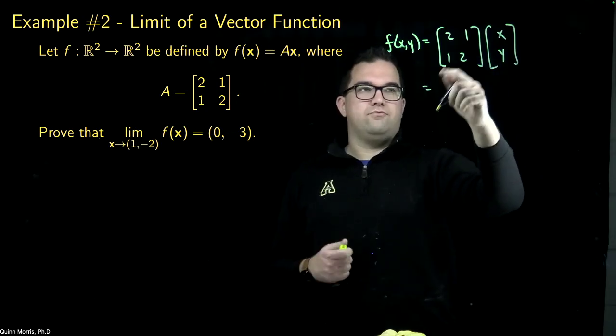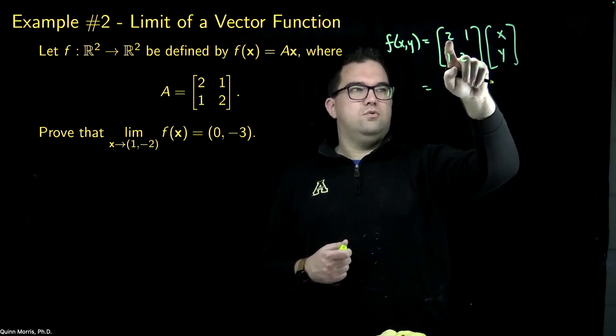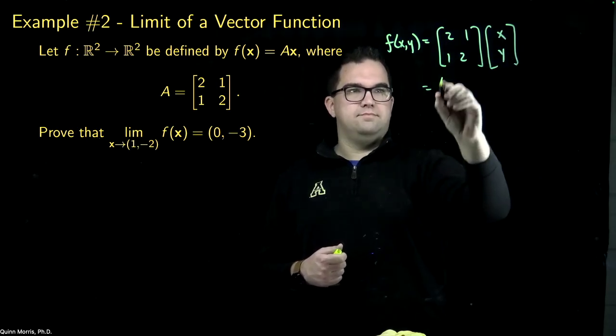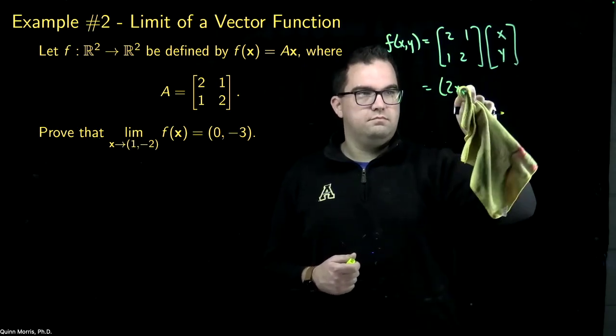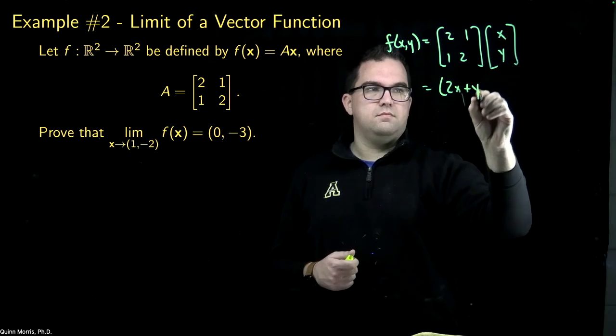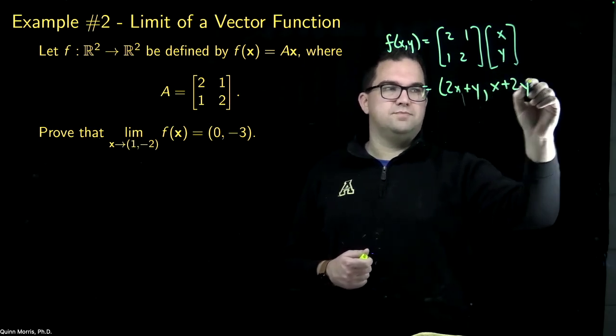And you can write out exactly what this is. So your first output would be 2x plus y. And then your second would be x plus 2y.